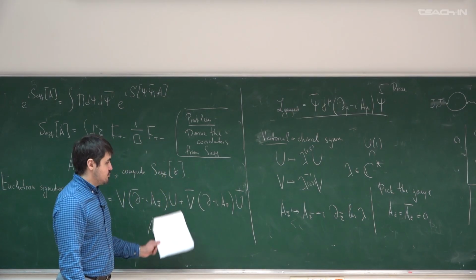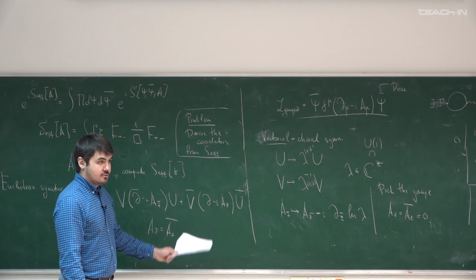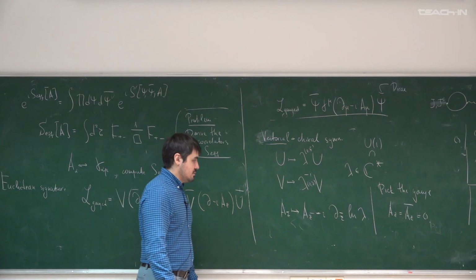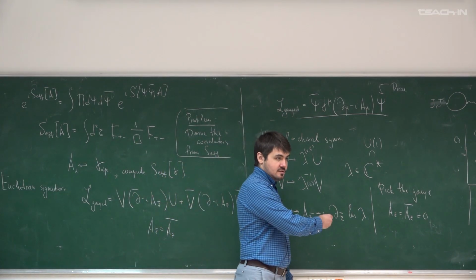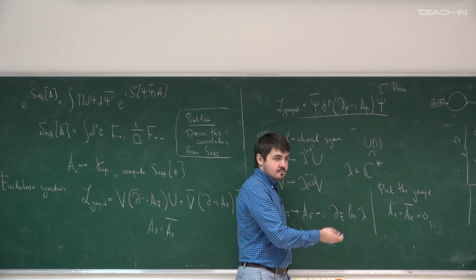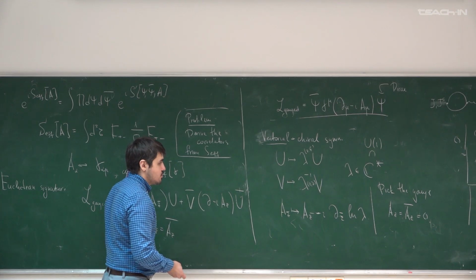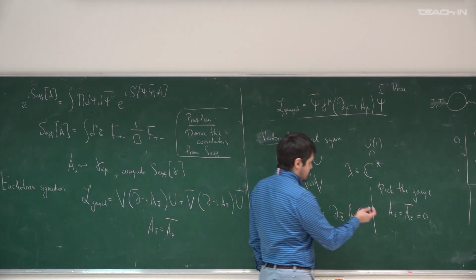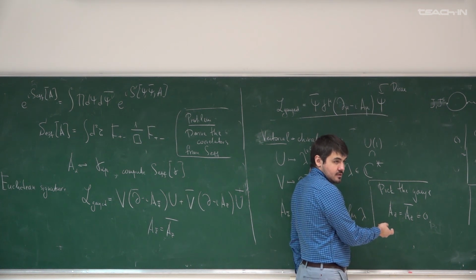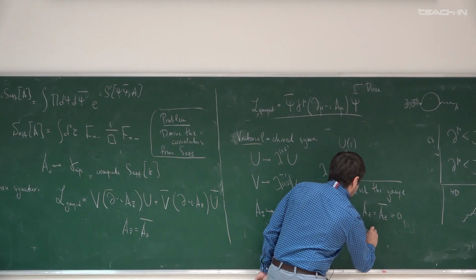So in the absence of the anomaly, your theory is just independent of the gauge field. Physically speaking, the anomaly in the system is good because it means the gauge field has some meaning. But what does it mean if there is no anomaly? That means that the gauge field is topological.